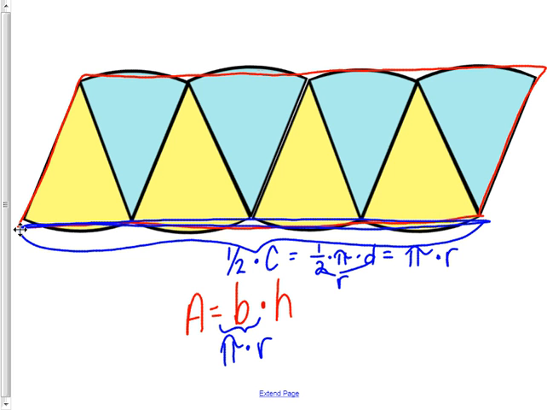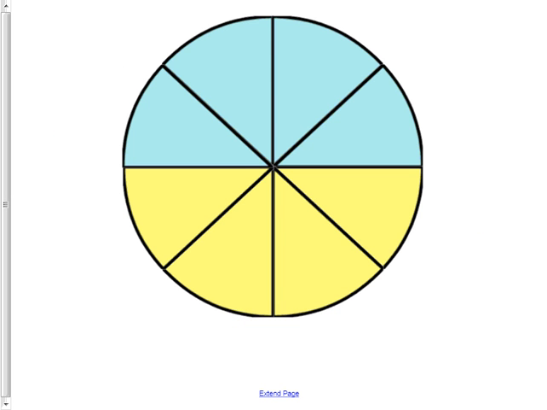Now we need to look at the height. The height of the parallelogram, if you look at that carefully, notice where it goes. It goes from one of the pointy tips of one of the pieces of the circle all the way to the other side. Look at our original picture.